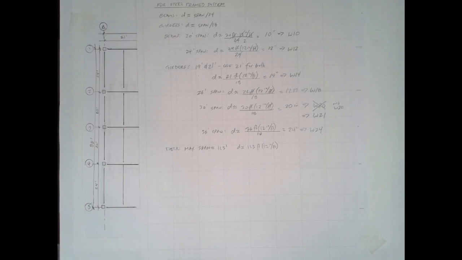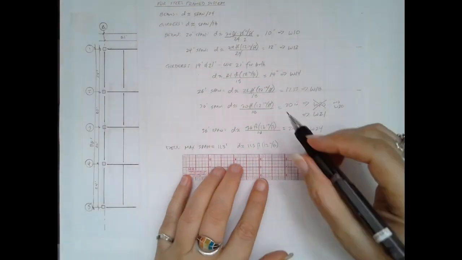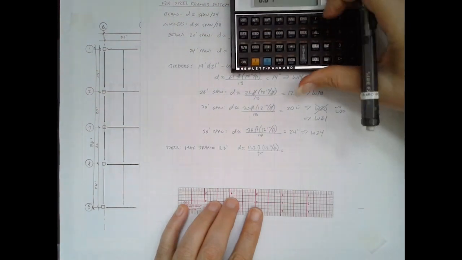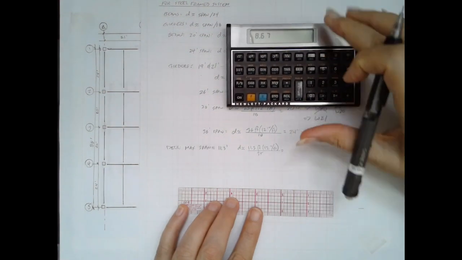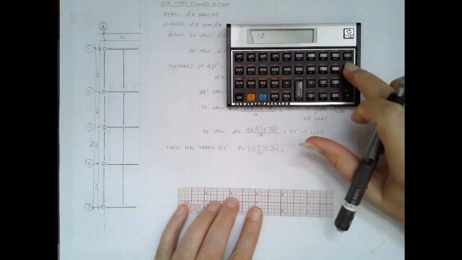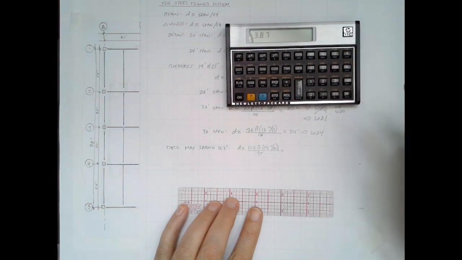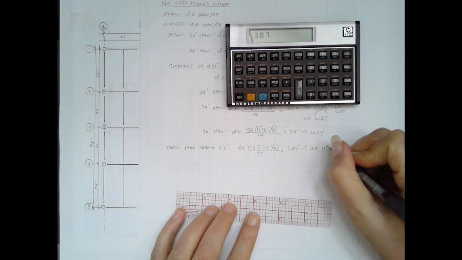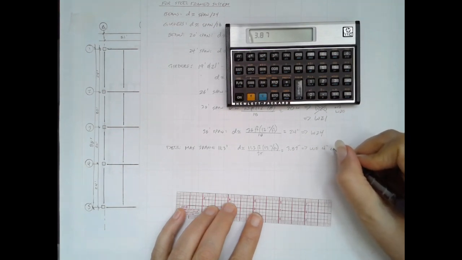So I'm going to use the 11.3 feet, multiply that by 12 to get inches, divide that by 35, and that comes out to 3.87, so we'll round that up to 4 inches for our deck.